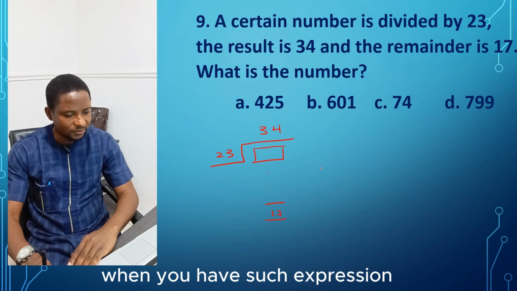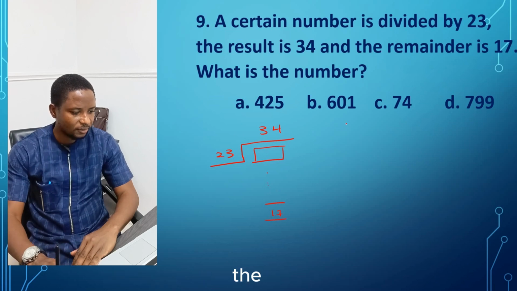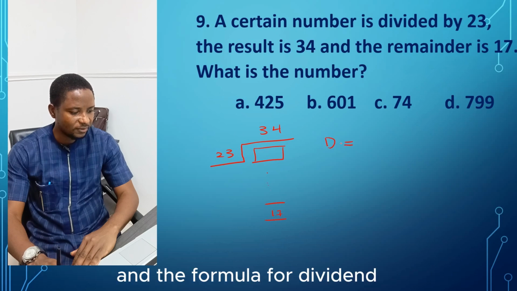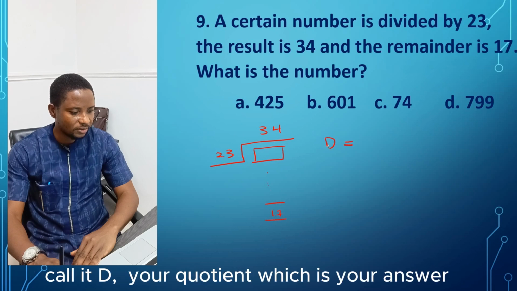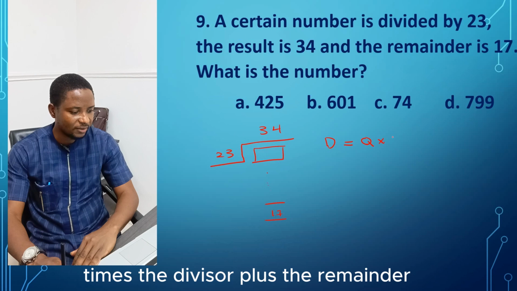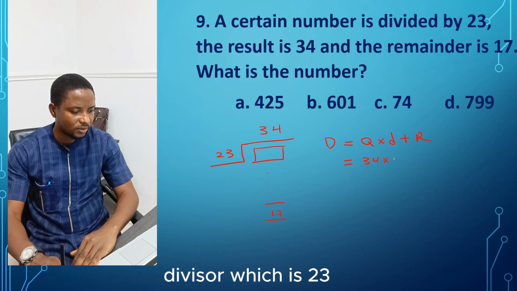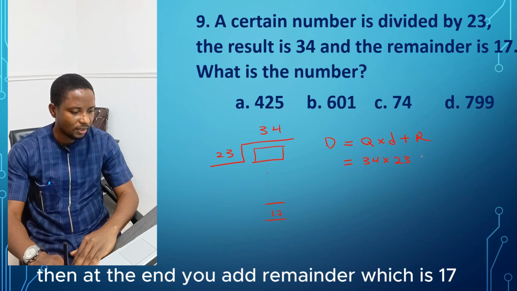When you have such an expression, what we're looking for is actually called the dividend. And the formula for the dividend, call it D, is your quotient, which is your answer, times the divisor, then plus the remainder. So what we're doing here is the quotient, which is 34, times the divisor, which is 23, then at the end you add the remainder, which is 17, and that is all.